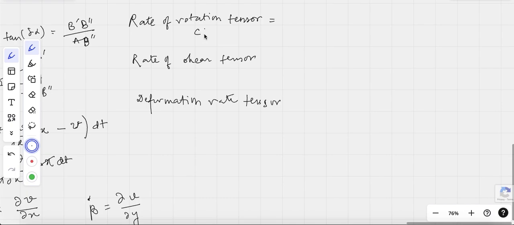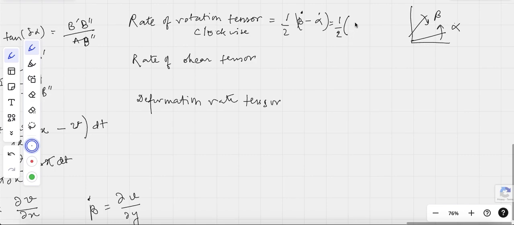This is in the clockwise direction, because this was the direction of alpha and this was the direction of beta. So this is half of beta dot minus alpha dot, which is equal to half du by dy minus dv by dx.